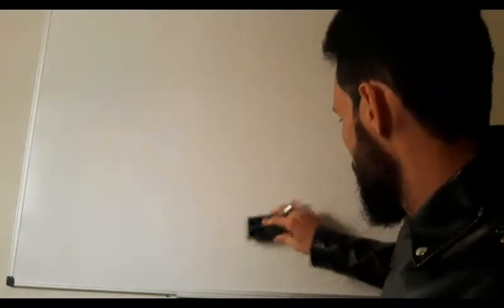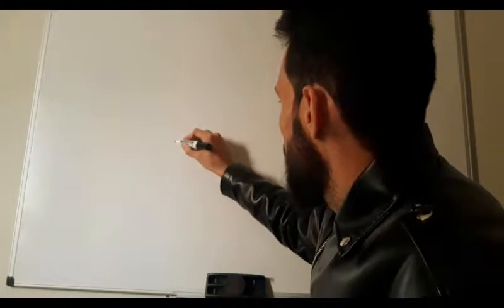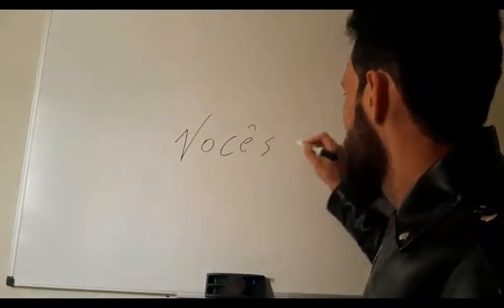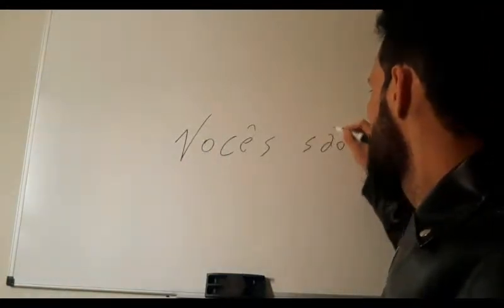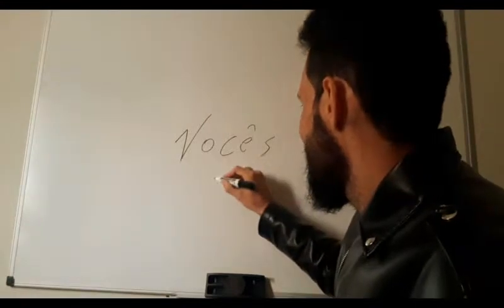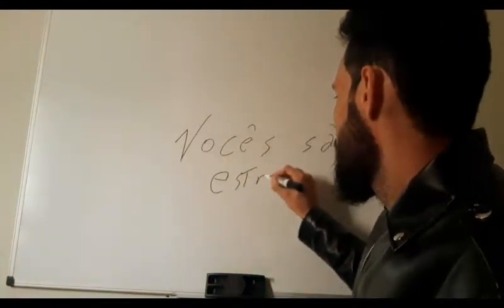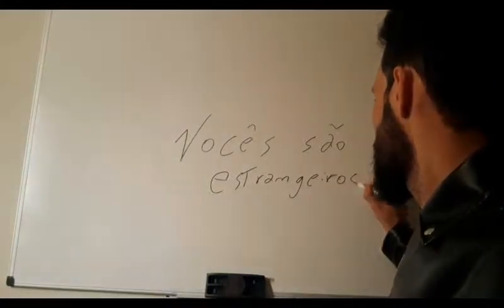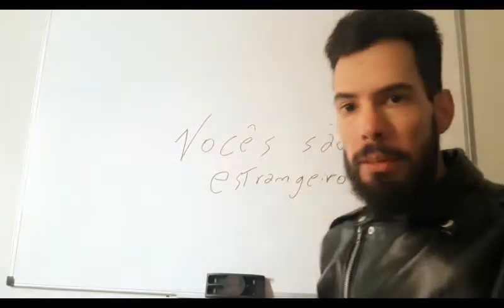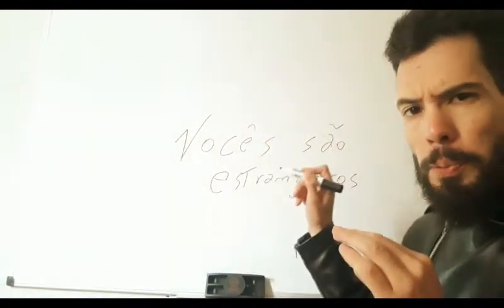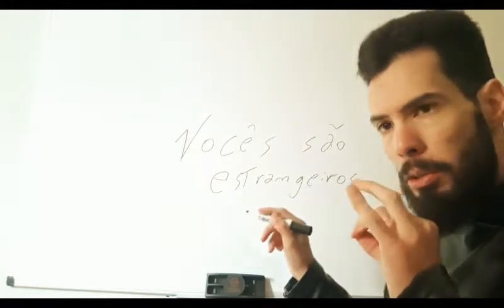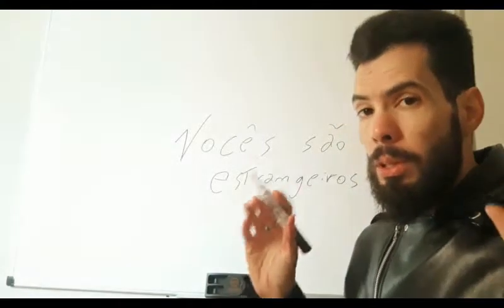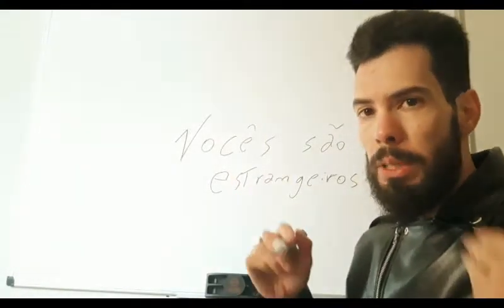We have this one in plural. The second person, let's say. Vocês são estrangeiros. You are foreigners. So, estrangeiro is a person who doesn't live in Brazil, or a person who comes to Brazil as a visitor but is not Brazilian.